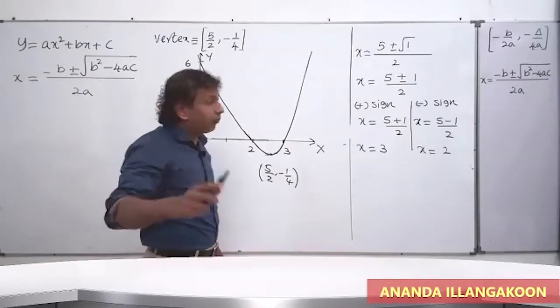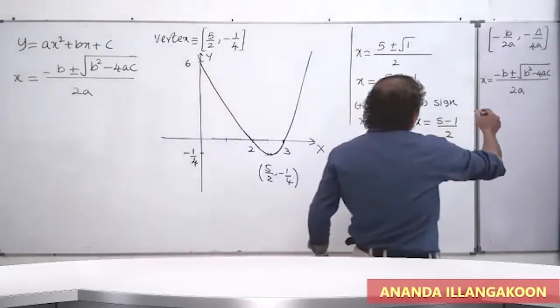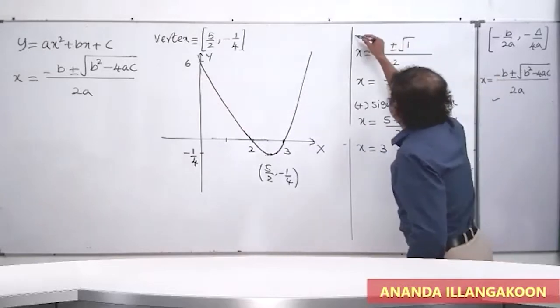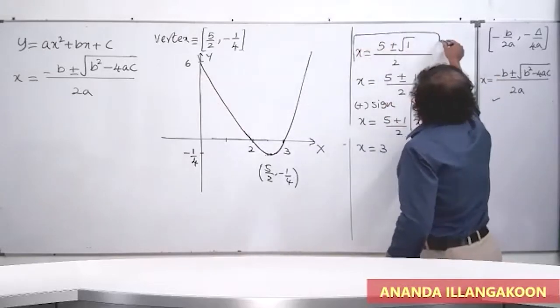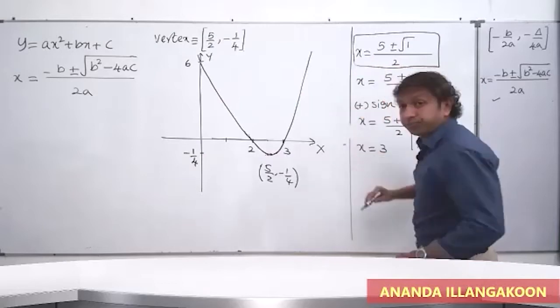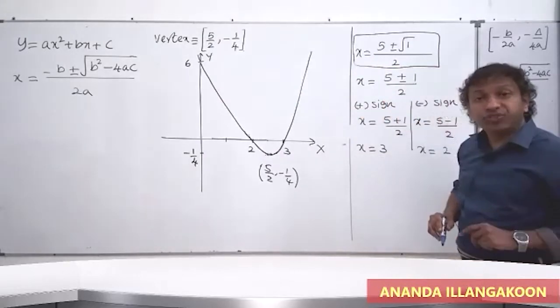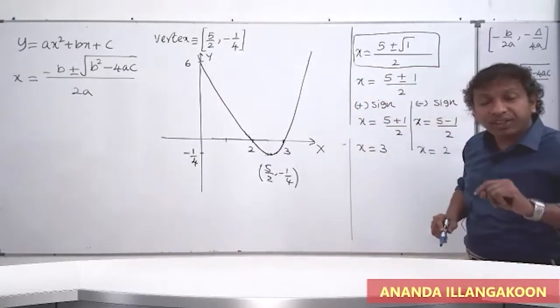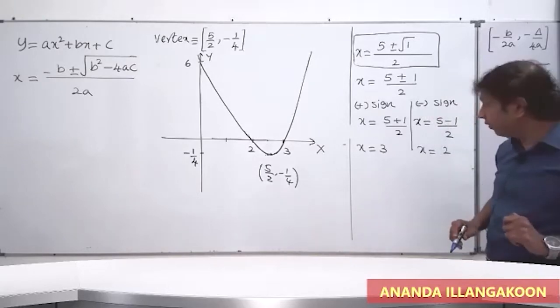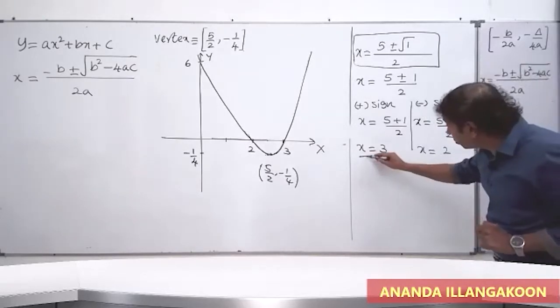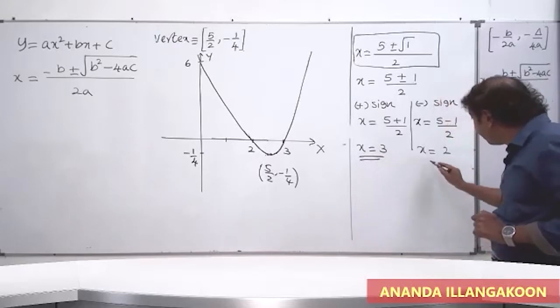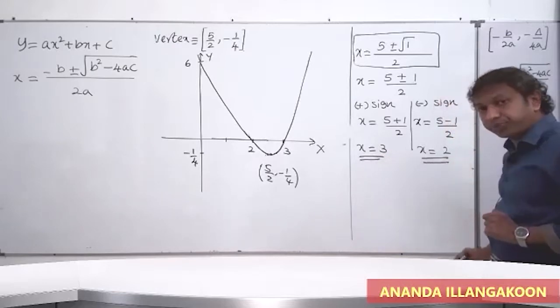Okay, people, now using this same formula, only in the previous question, the two roots we found. People, can you see here the two roots we got? One is 3, the other one is 2.